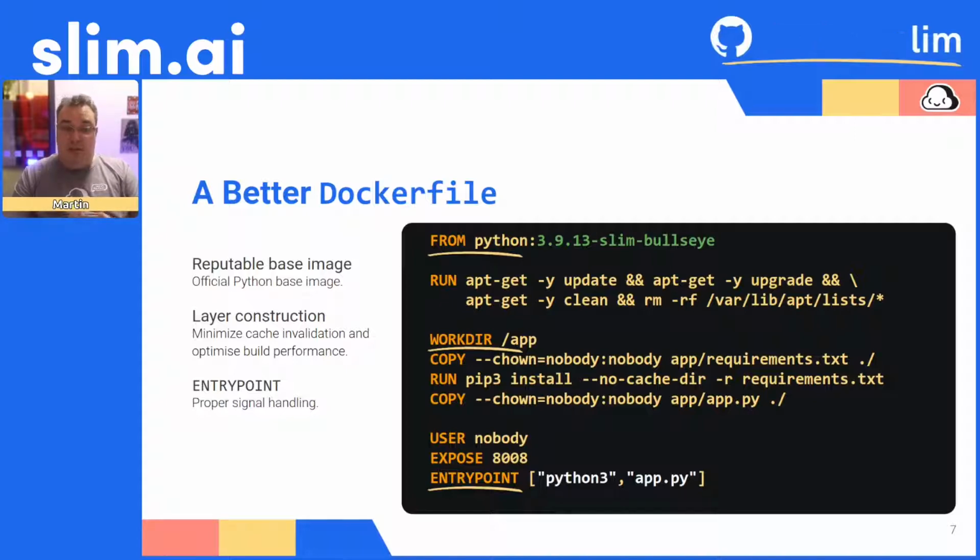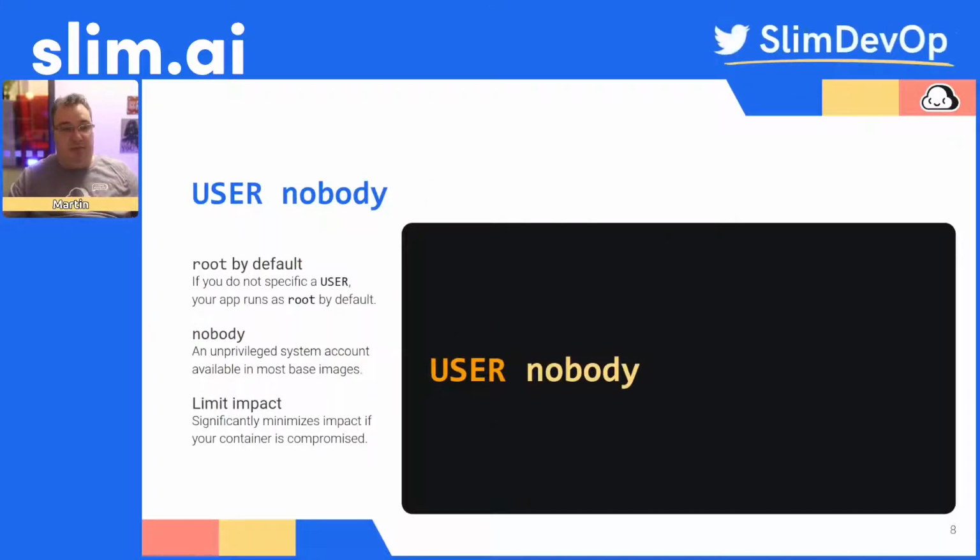But there are a few things here that specifically help with container security. So let's just take a closer look at each of those. The first is, if you don't specify a user in your Docker file, your app will run as root. Nobody is an unprivileged system account that you will find is created by default and available for use in Debian, Ubuntu, Alpine, Distroless, and many other container base images.